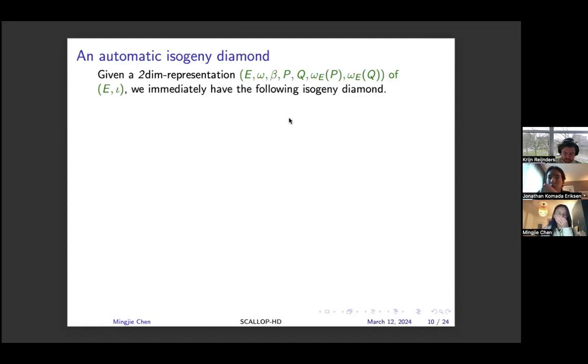So given a two-dim representation defined as in the previous slide, we immediately have the following isogeny diamond, where all curves involved are the supersingular elliptic curve E, and the horizontal isogenies are omega_E, and the vertical isogenies are beta_E, where omega_E is the image of omega via iota and beta_E is the image of beta via iota.